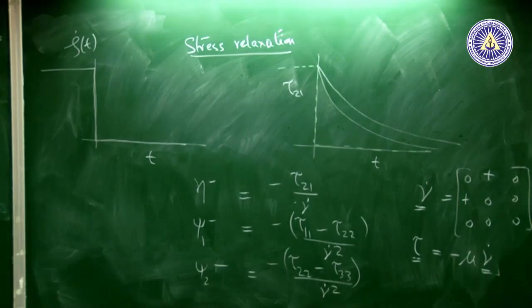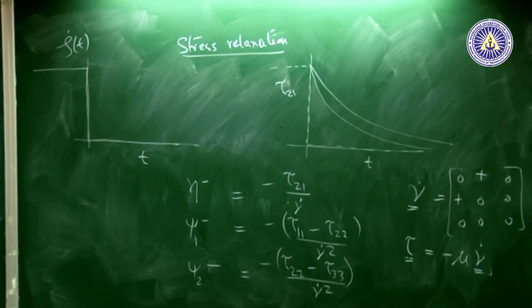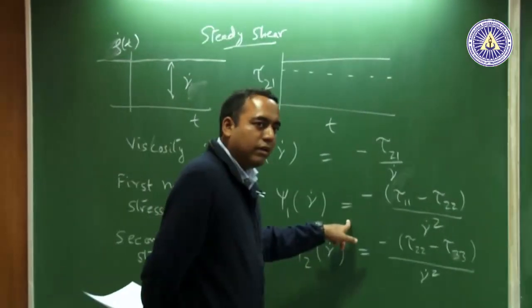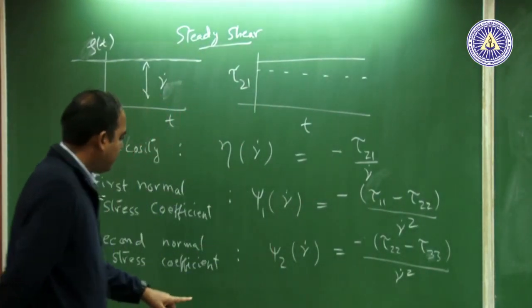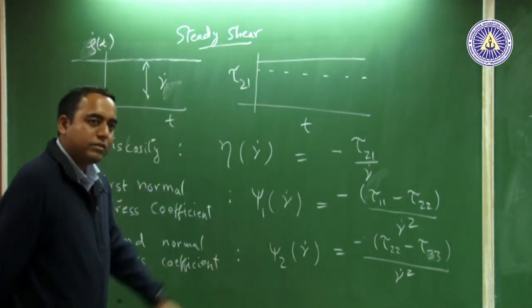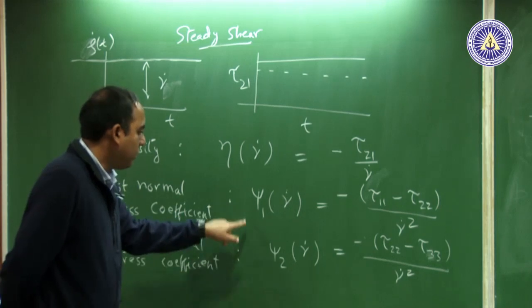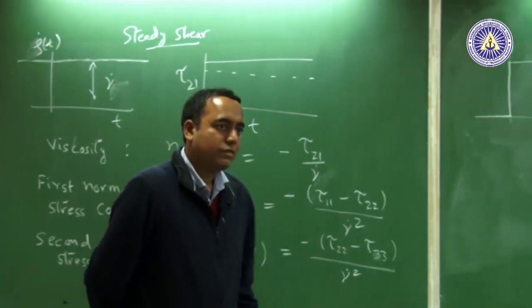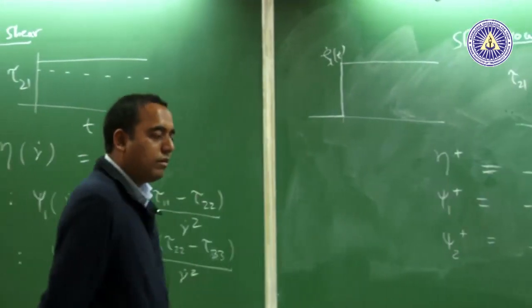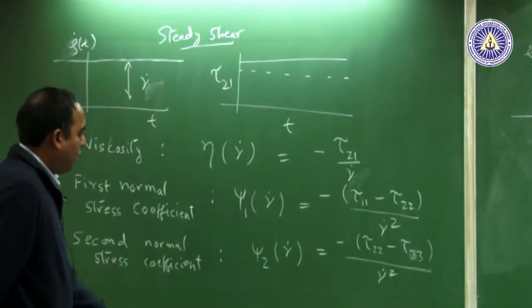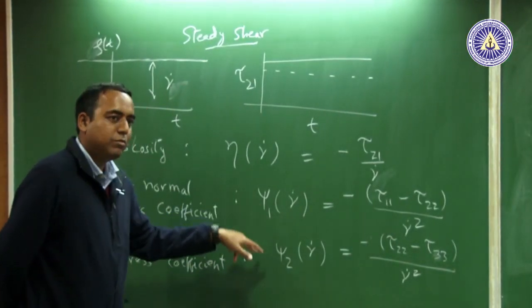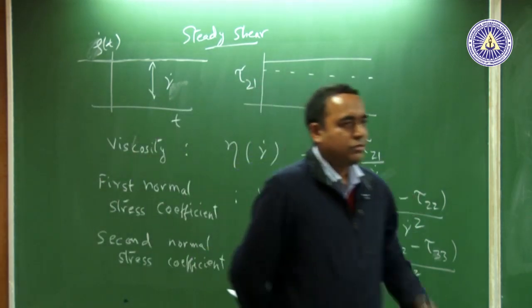See, the basic idea of any polymeric liquid, and it goes back to the steady shear, is that the first and final thing is you should have elastic effects. These two, psi 1 and psi 2, are a measure of the elastic effects. Newtonian fluid mechanics always predicts that psi 1 and psi 2 are both 0 because of the simple proportionality.